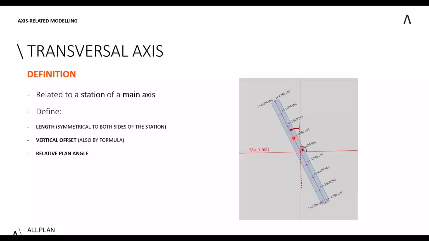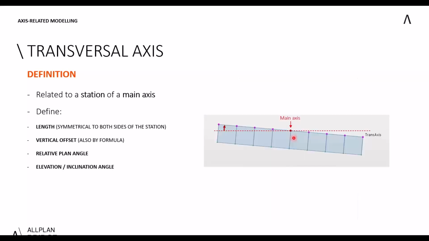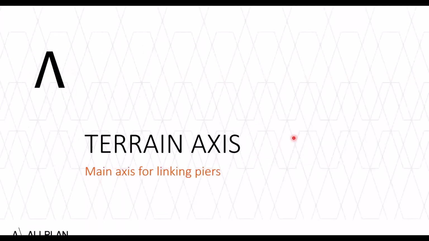It's the deviation from the orthogonal orientation that you can input here. The same applies for the elevation angle, where you can also apply a certain inclination. I will also have an example for this in the live demo.